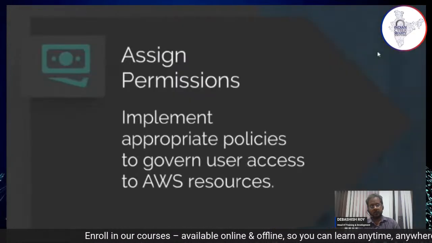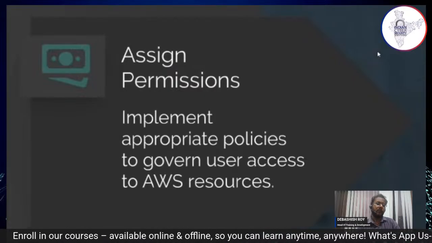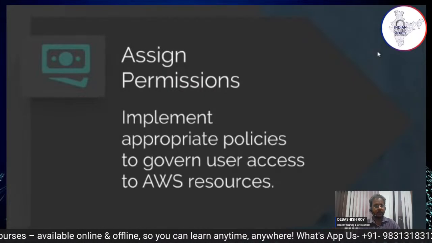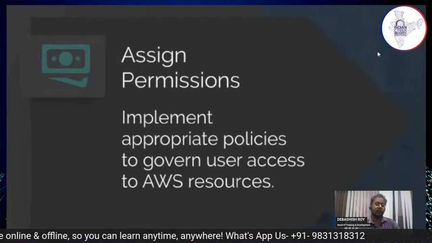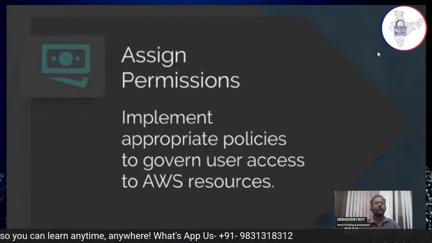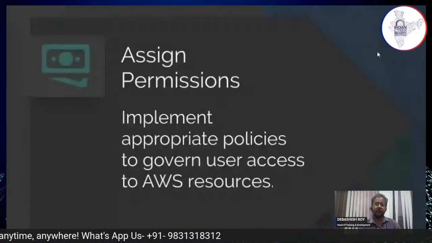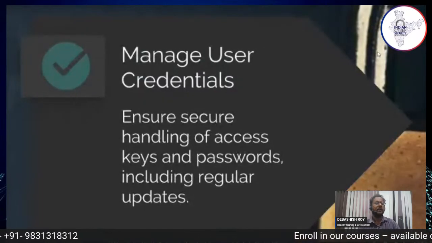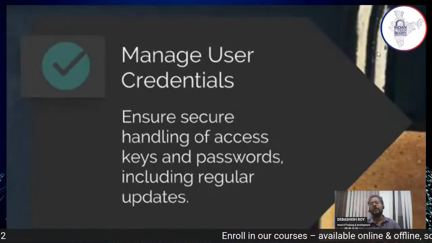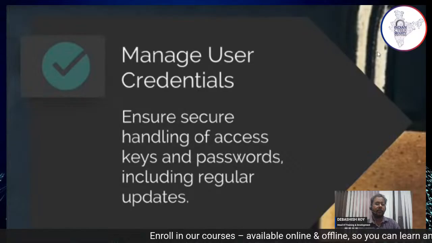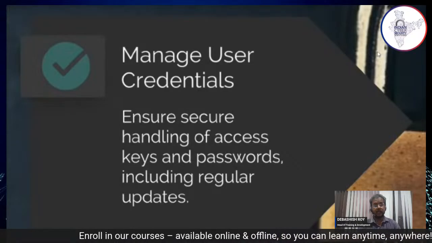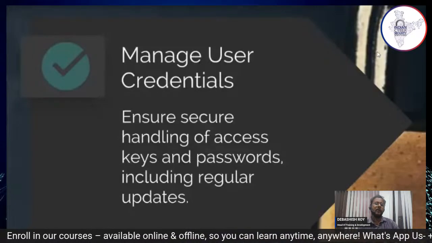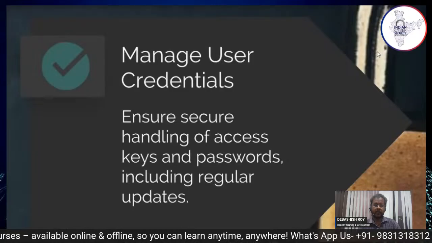Then assign permissions: implement appropriate policies to govern user access to AWS resources, so you assign the particular permissions to the users. Then manage user credentials. You have to ensure secure handling of access keys and passwords, including regular updates, so you have the access keys and passwords handy.